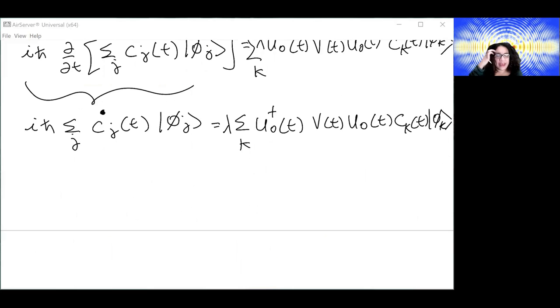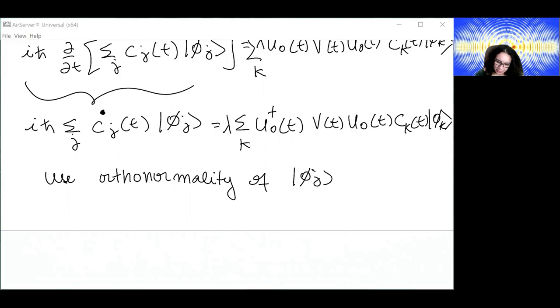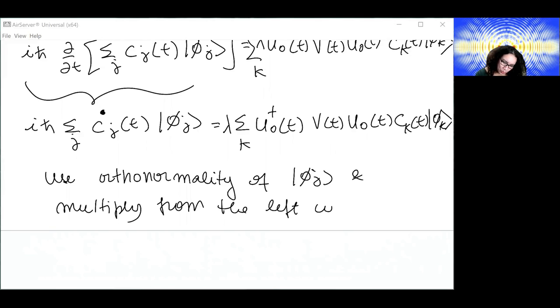I'm going to use now the fact that these eigenvalues and these eigenvectors obey certain rules. Namely, I'm going to use the orthonormality of phi_j, and I'm going to multiply from the left with phi_m of this basis.